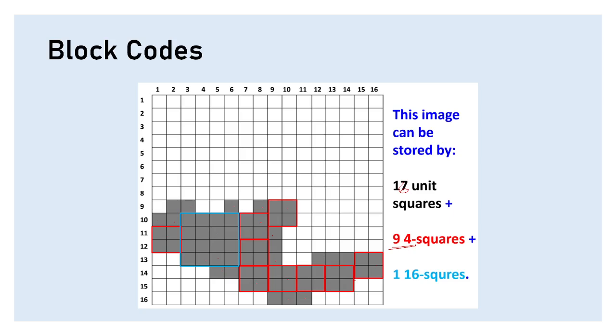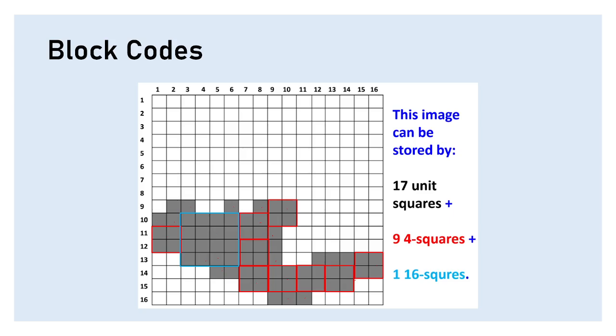Oh, okay, sorry. I misunderstood it. So you have 17 unit squares. I'll just erase it so that you don't get confused. We have 17 unit squares. A unit square is the single square. And then we have the 9 blocks of 4 squares, and then we have the 1 block of 16 squares.